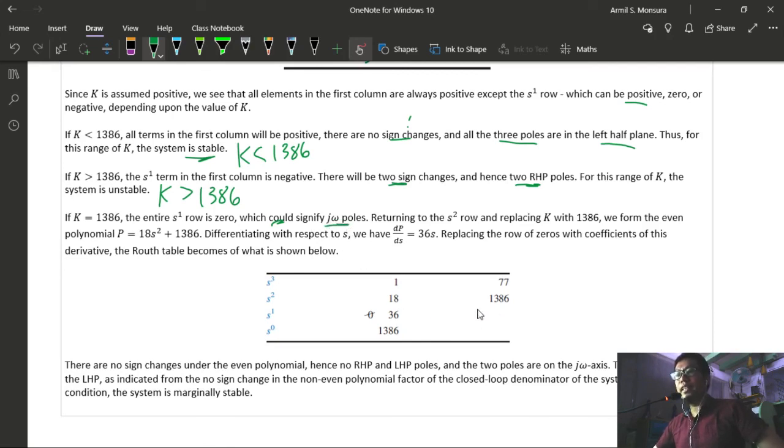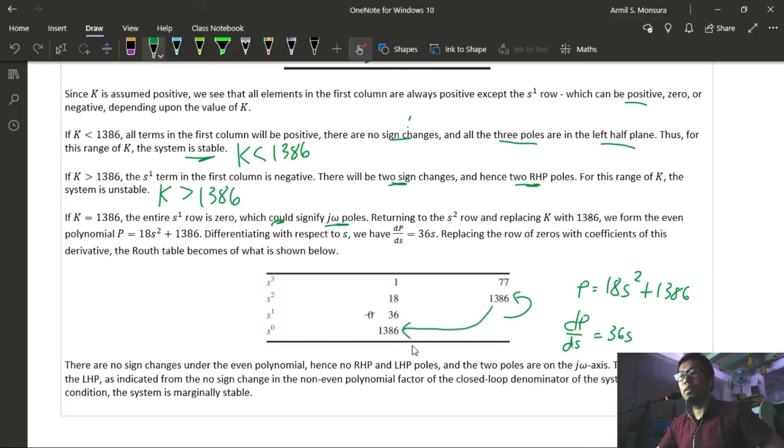So, kung babalikan natin ngayon, this becomes 18 s square plus 1386. Kapag ginawa natin yung derivative niyan with respect to s, that becomes 36s plus 0. So, yung 36 ngayon ang ipapalit natin dito, and then ito, mapupunta lang yan din dito. Simply, we have now the following table.